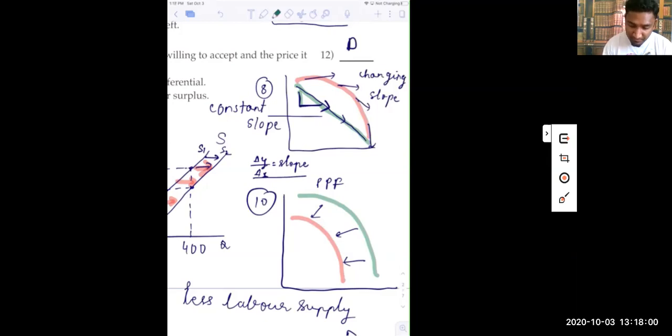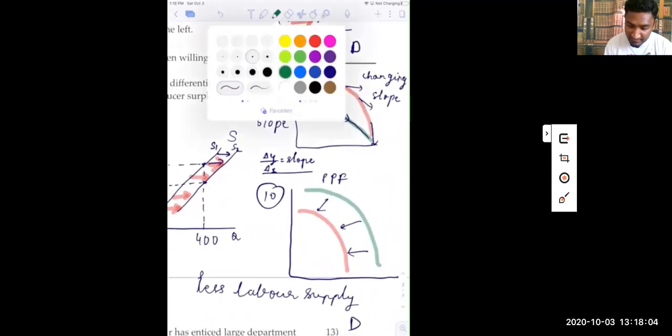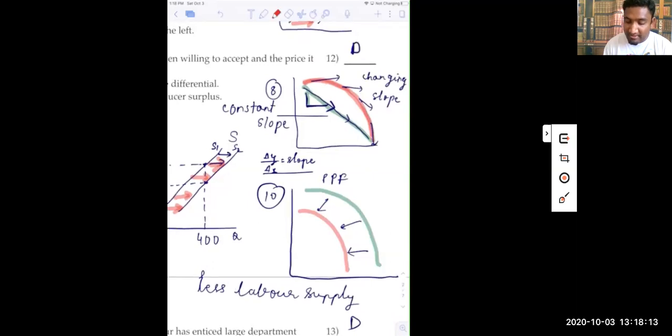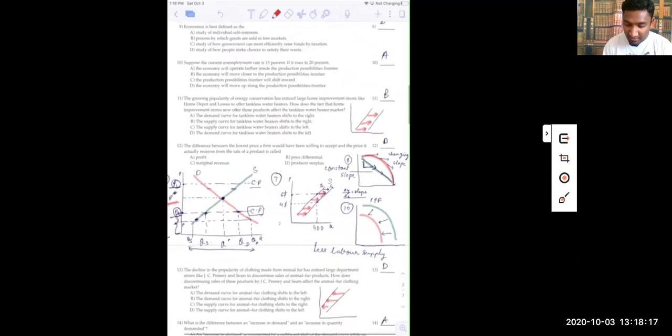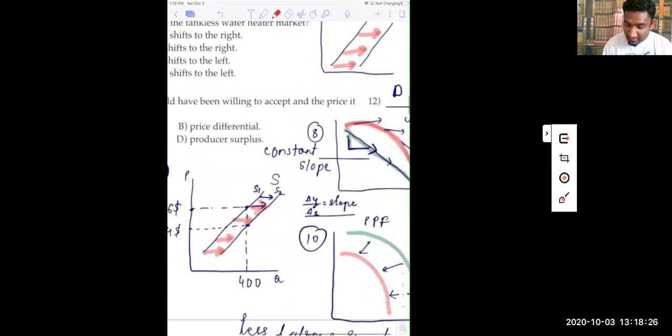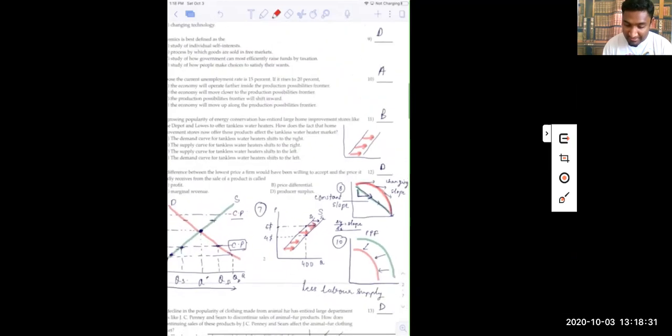But if our production possibilities frontier is curved like this, the slope is constantly changing. This means that the change in y with respect to the change in x is not constant. So the slope is not the same, which also means that the trade-off between the two goods is constantly changing.